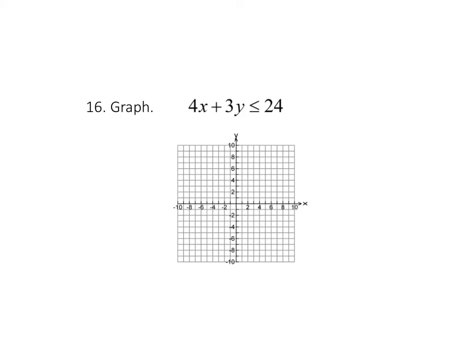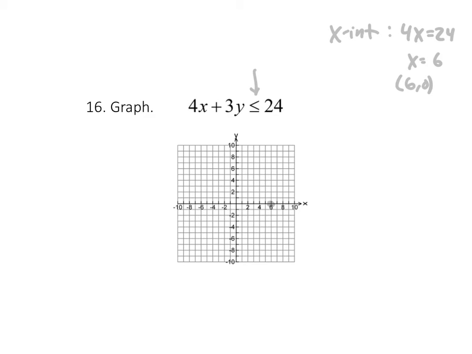This graph's a little different. This is an inequality, so this means after we graph the line, we have to shade half of the plane. Let's start with the x-intercept. The x-intercept is where 4x is equal to 24. Divide both sides by 4, and we find that x equals 6.